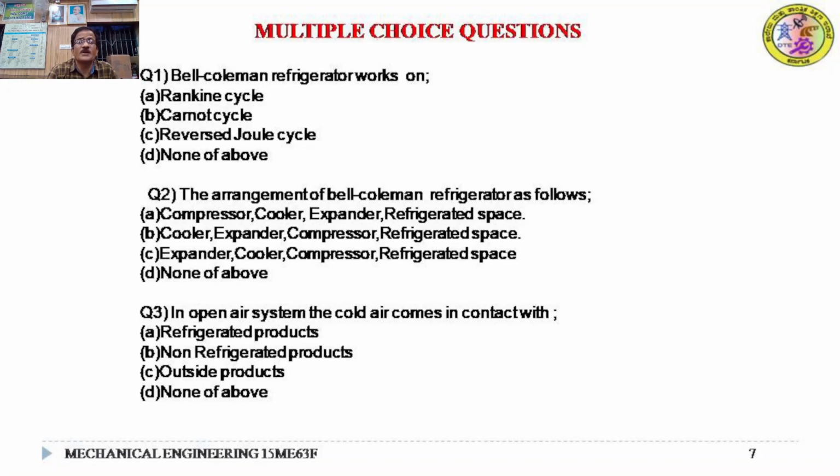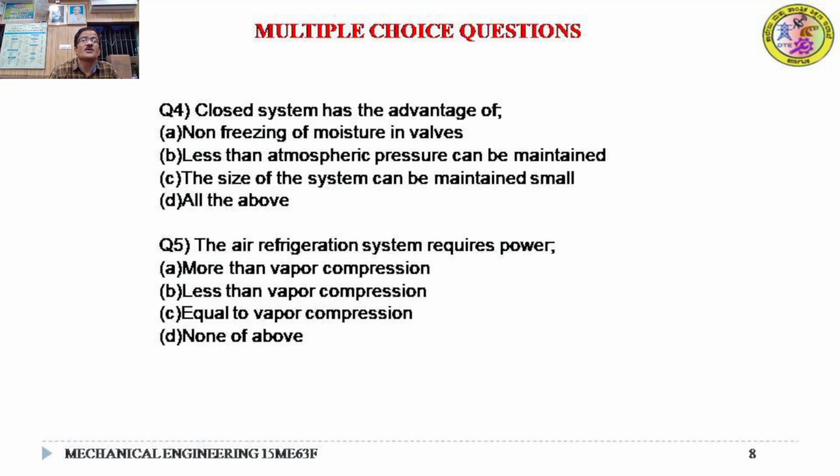Question 3. In the open air system, the cold air comes in contact with refrigerated products, non-refrigerated products, outside products, none of the above. Option A, refrigerated products. Question 4. The closed system has the advantage of non-freezing of moisture in walls, less than atmospheric pressure can be maintained, the size of the system can be kept small, all the above.